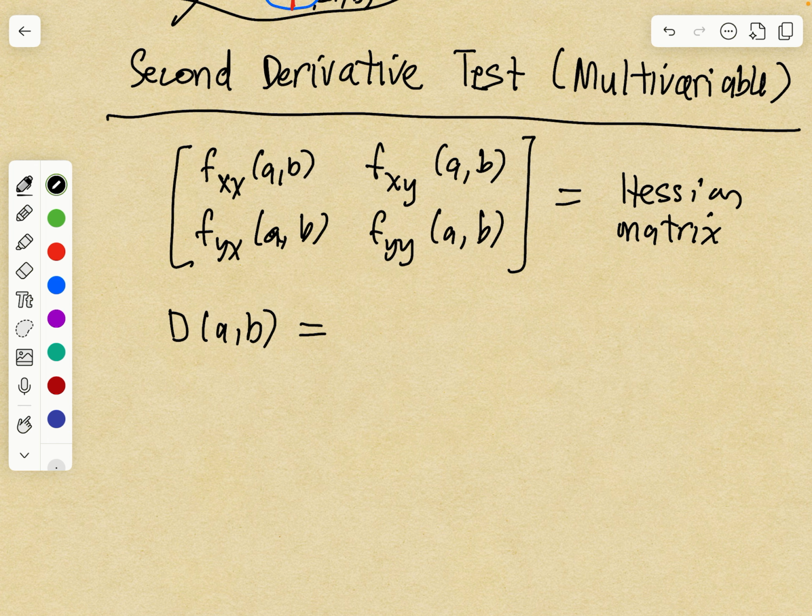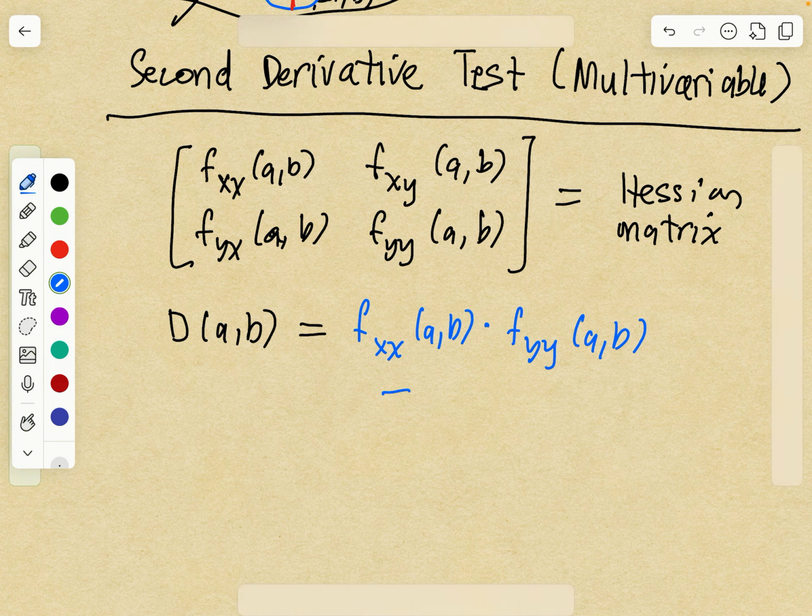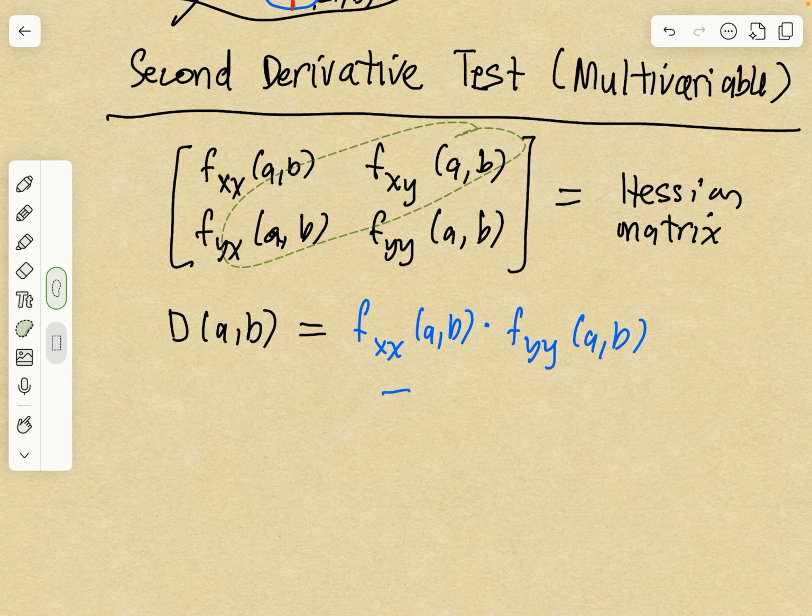So let's say that D of (a, b) is the determinant of this 2 by 2 matrix. Now if you don't know what the determinant of a 2 by 2 matrix is, you take this number on the top left, that's f_xx(a, b), times the number on the bottom right, f_yy(a, b), and then you subtract the product of the off-diagonal terms here.